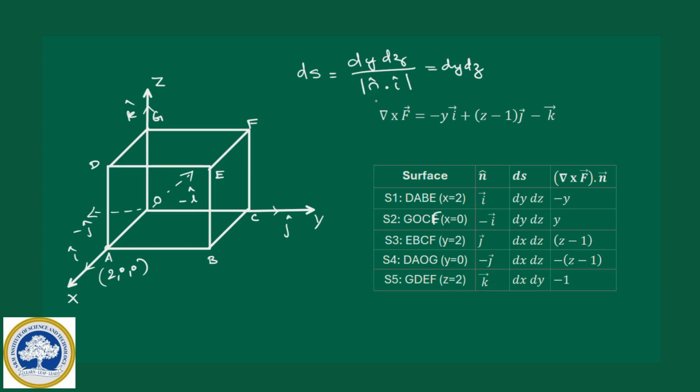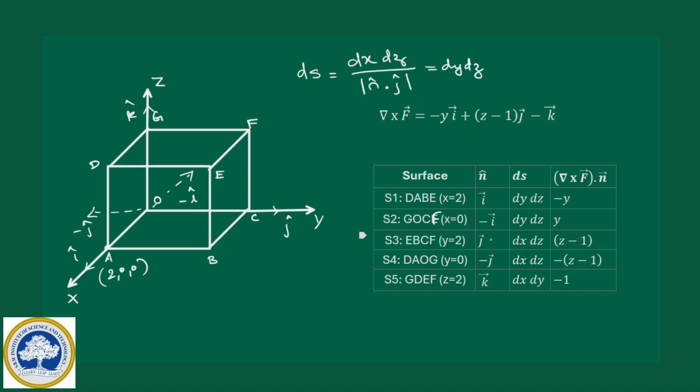for S3, what happened here is S3 means it is parallel to the xz plane, right? In such a case, for the xz plane here it will be dx, divided by i dot j.